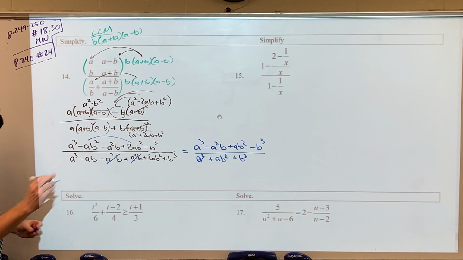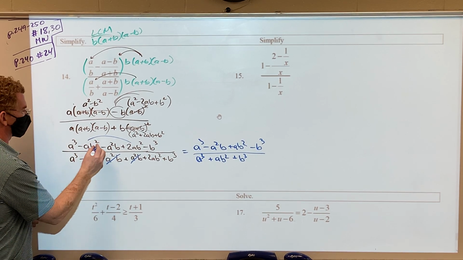Oh, actually, you know what? Unless I've made a careless error, I think it's supposed to be A cubed plus A squared B plus AB squared plus B cubed on the bottom.